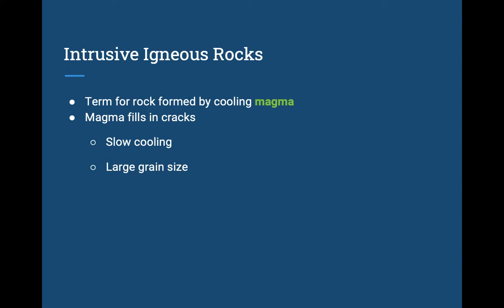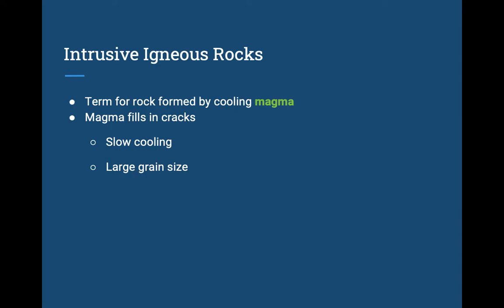So it's a very slow process, and what that means is that we have enough time for the different stuff in the magma to bond together, to crystallize. We can actually see minerals start to form. Right? So the minerals have time, and they develop what we call large grain sizes in the resulting rock, meaning that it's very obvious where these different minerals exist in the rock.